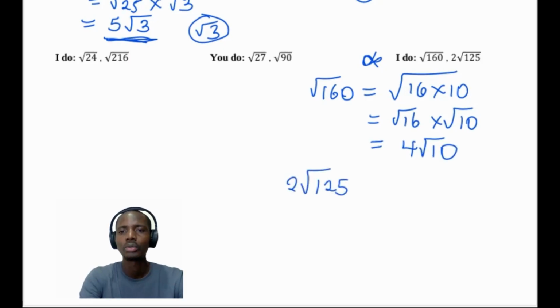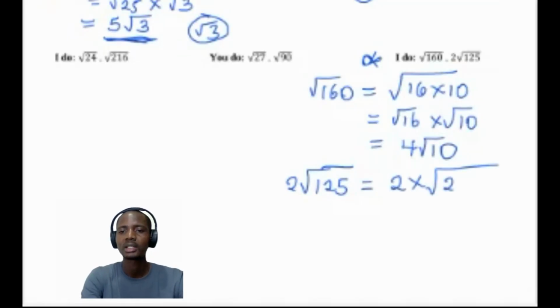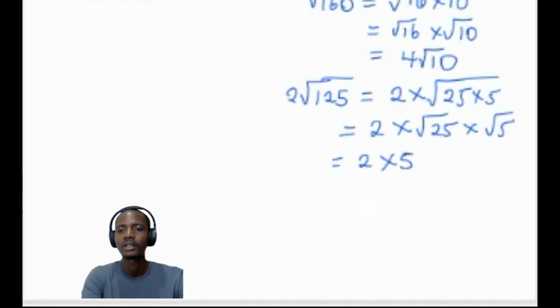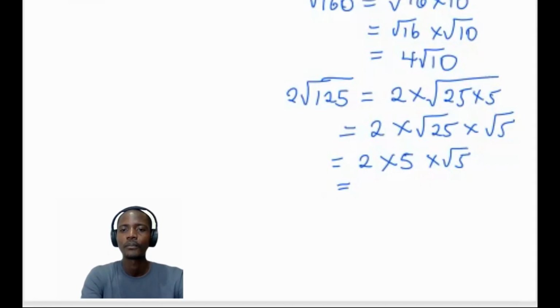Okay, let's see 2 root 125. I think we already did root 125, which is root 25 times root 5. So we have 2 times root 25 times root 5. And of course, 2 times root 25 is 2 times 5, which is 10 root 5.